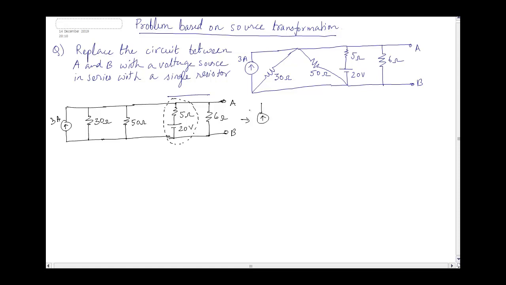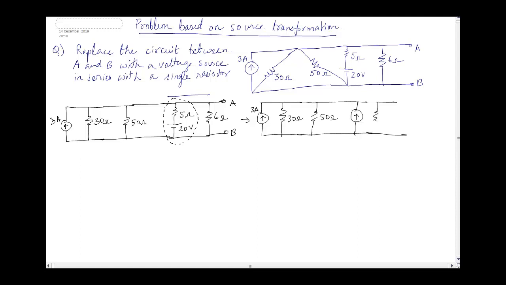So we have a 3 amps current source, parallel to which we have a 30 ohm resistor, parallel to which we have a 50 ohm resistor. And now this series voltage with resistance can be converted into a current source in parallel with a resistance.